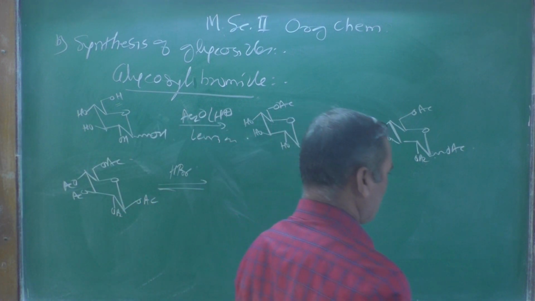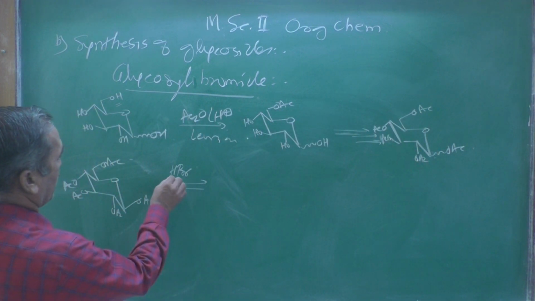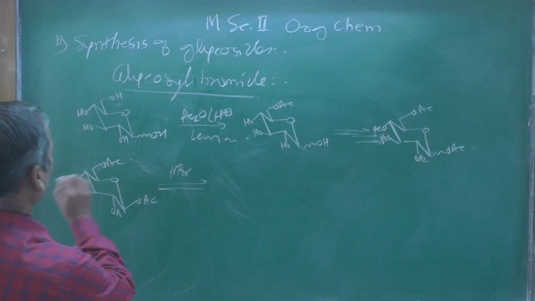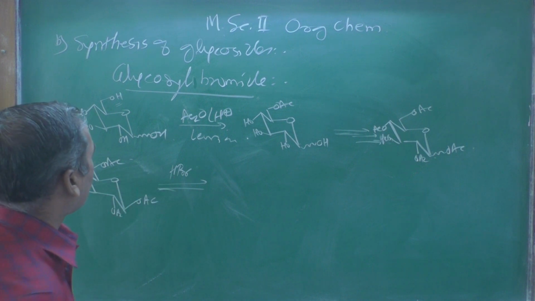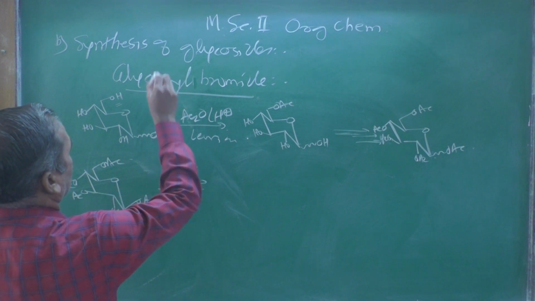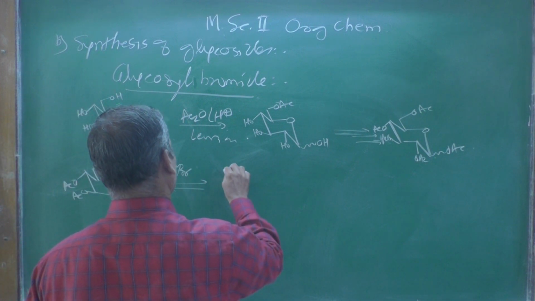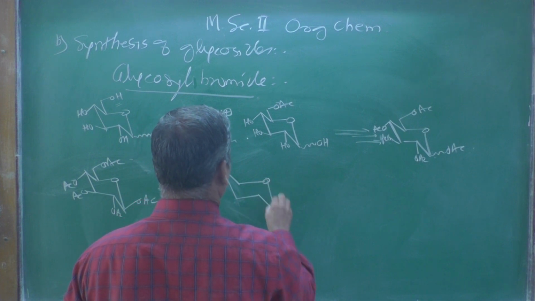The anomeric carbon atom is very labile to react in an acidic position, so the acetyl group gets replaced by halide, and we get a glycosyl bromide over there. And this is the structure of the glycosyl bromide. Let us see over here.